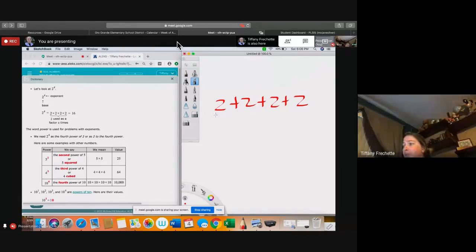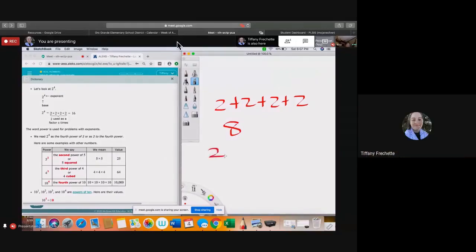Once we get through repeated addition and you know 2 plus 2 plus 2 plus 2 is 8, well, if you get too many of these, it starts to get a little tedious to write them out. So instead, we teach you that you can write 2 times 4 equals 8.